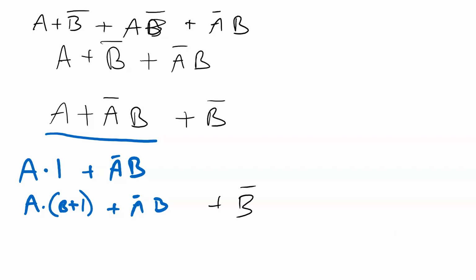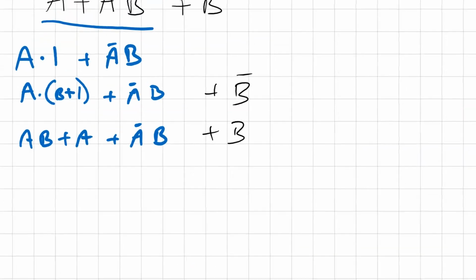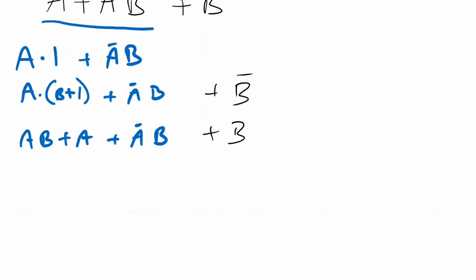Hopefully you've followed that a little bit. So now I could expand that, and that would be A, B, or not A, B, and we've still got or not B over here. Right, so do you remember that A or A and B ends up being A?